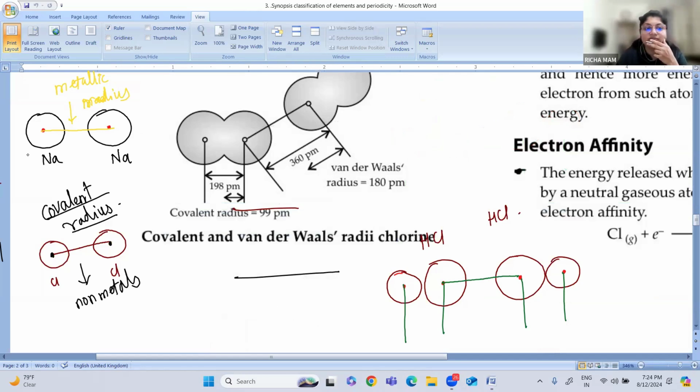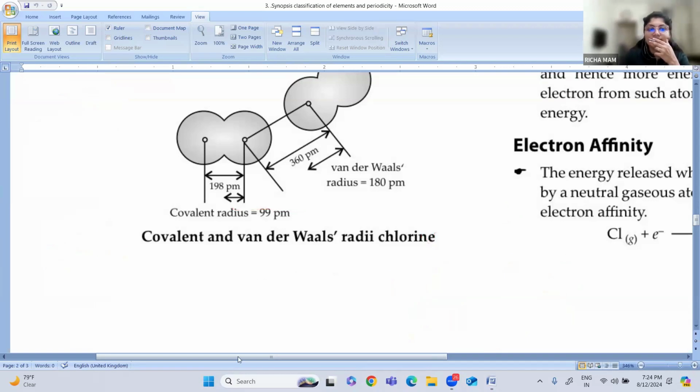Between these two is the covalent radius, which is half the distance between the nearest atoms of the same molecule. So remember the definitions, very important. Next concept we will see.